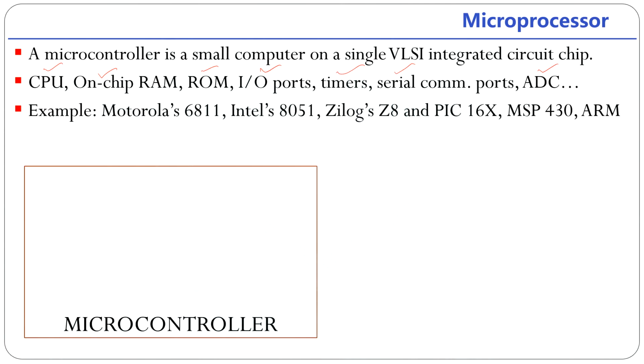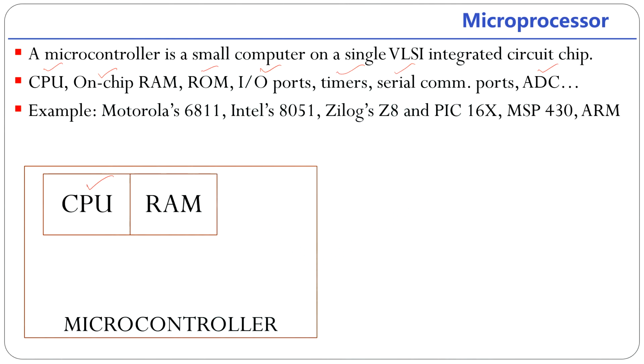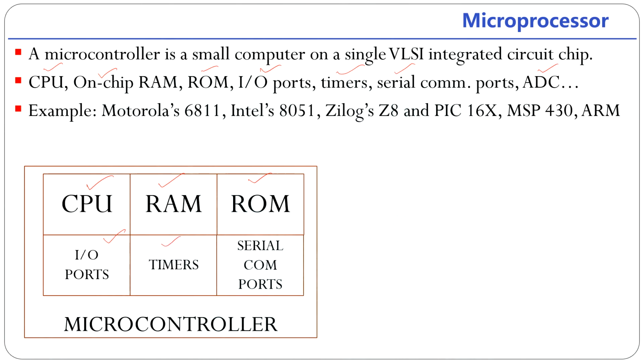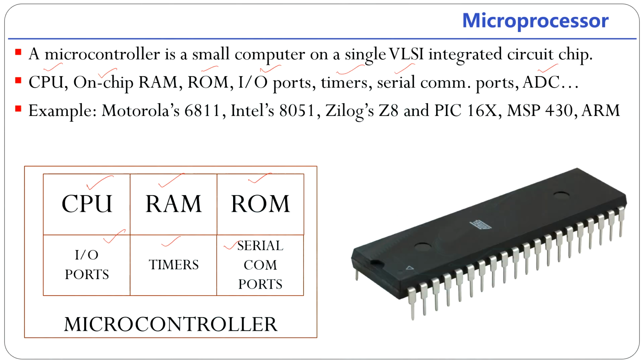A microcontroller includes a CPU, central processing unit, RAM, random access memory, ROM, read-only memory, and I/O ports, input-output ports, some timers, serial communication port, and some resources required for a specific application, all available in a single IC, known as a microcontroller.